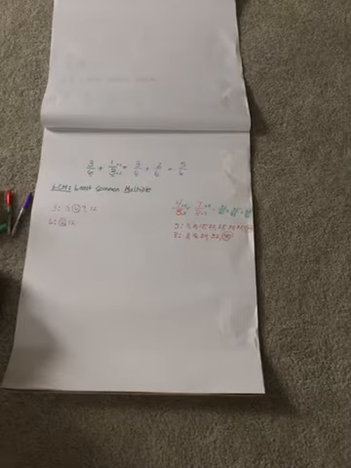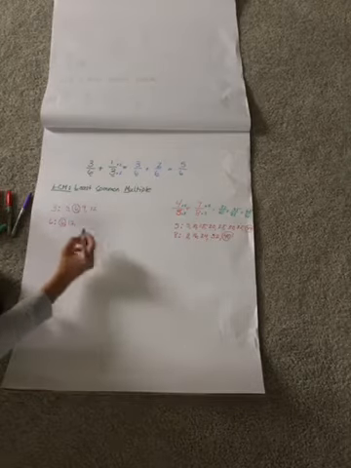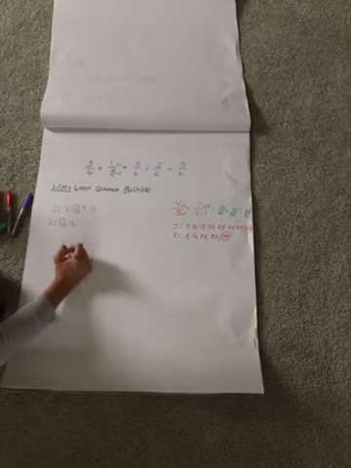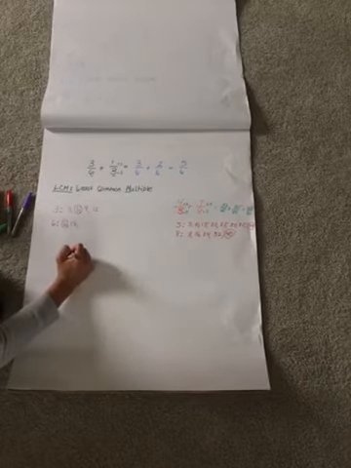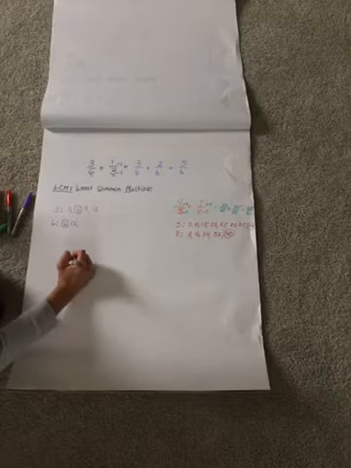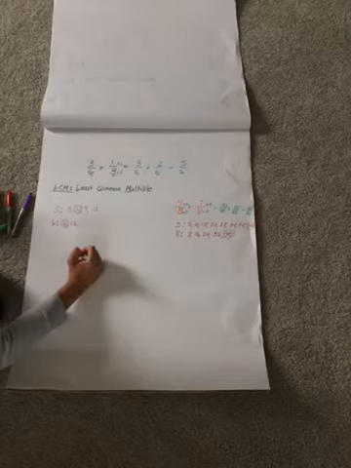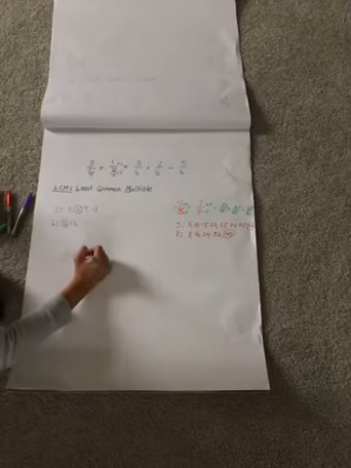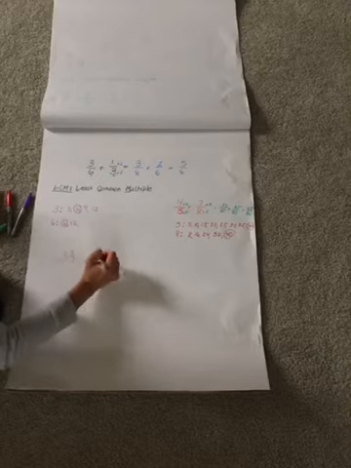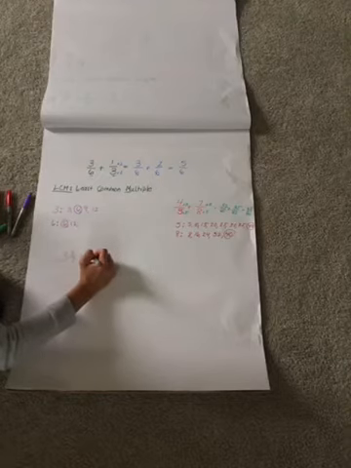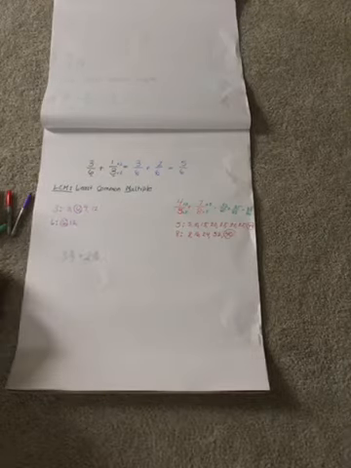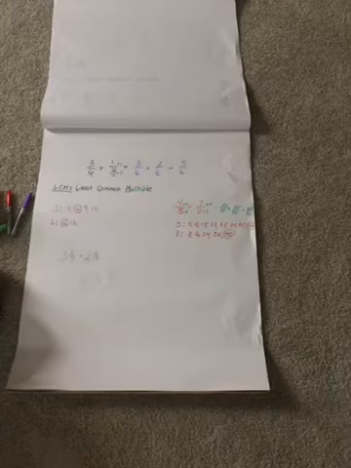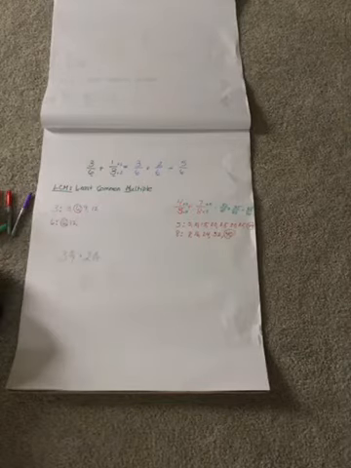What happens when we add mixed numbers in? So let's say I have 3 3/7 plus 2 2/14. I notice that 7 can go into 14 and 14 can go into itself.